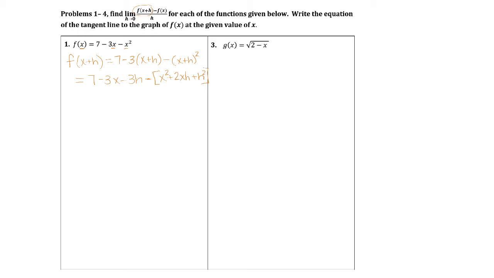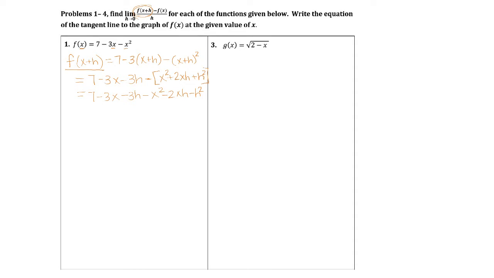And I want to make sure I include that negative with each term. So then as we continue, we're going to have 7 minus 3x minus 3h minus x squared minus 2xh minus h squared. And it doesn't look like there's a tremendous amount there that I can put together. So there is f of x plus h. That's this portion here again.